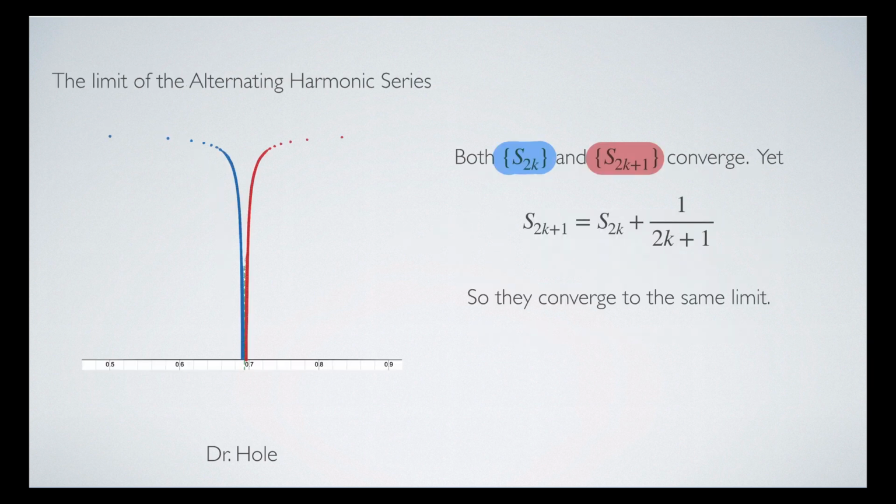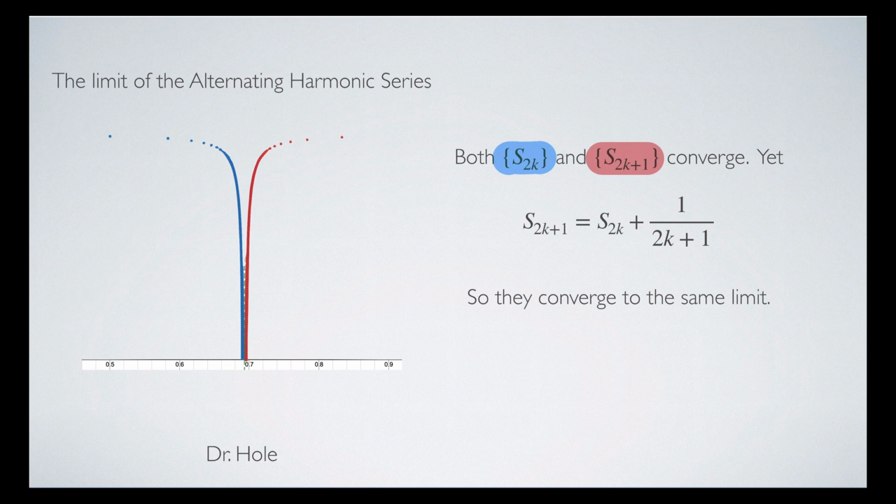We found that the alternating harmonic series has partial sums whose even terms are increasing and bounded above, therefore converge, and whose odd indexed partial sums are decreasing and bounded below, therefore converge.